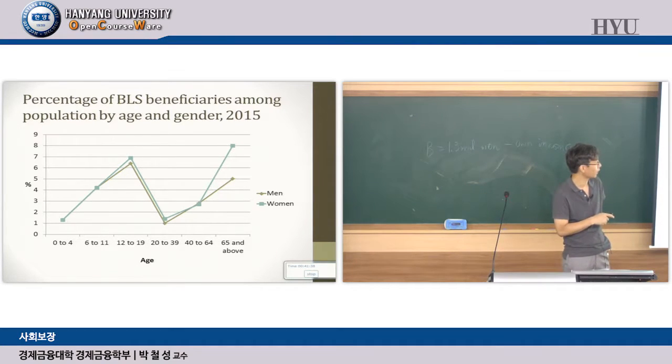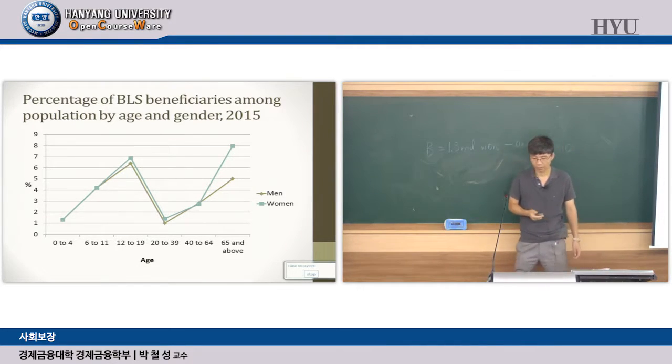So elderly women are in a sense the poorest group in Korea. That is a big concern as Korea ages. The poverty problem of the elderly is going to be a big issue in Korea's near future.